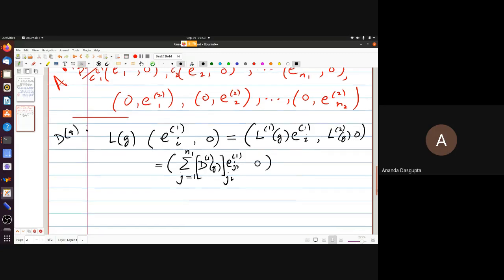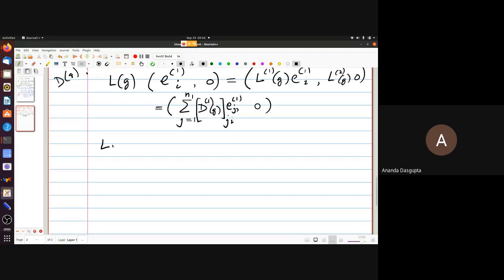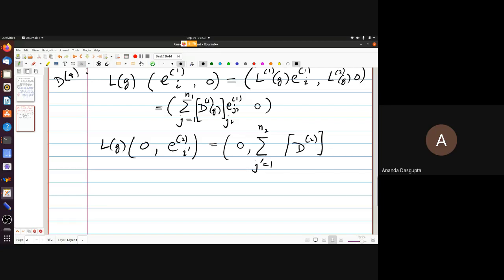Well, it's not only on the first vector space; you of course have to apply it on all the basis elements. So you also have to look at what will happen when things act on this. Let's call this i prime just to distinguish it from that i. And that of course is going to be 0 plus the sum over j prime equals 1 to n2 of d2(g)_j'i' acting on e_2j'.